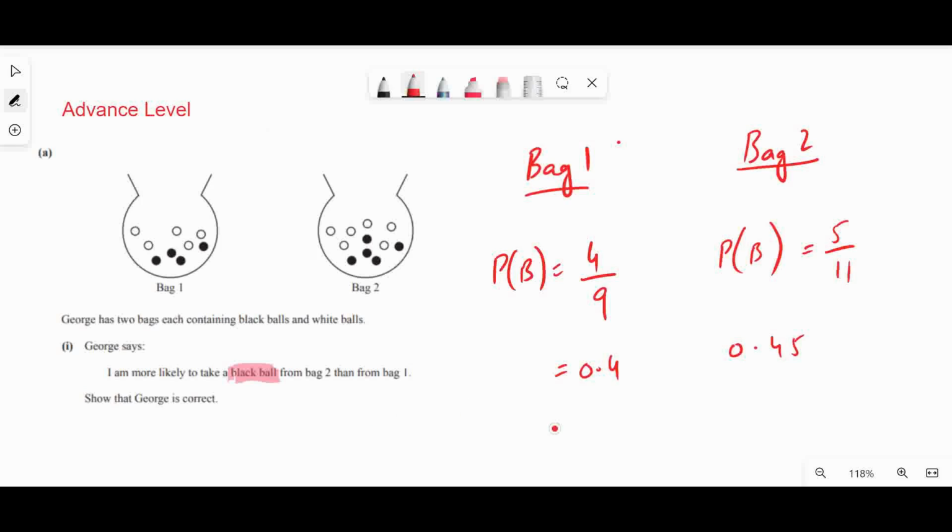So we can see that the probability of black balls from bag 2 is greater than the probability of black balls from bag 1. So it means that there is more likely a chance to take a black ball from bag 2 than from bag 1. That is why he is right. Let's move to the next part.